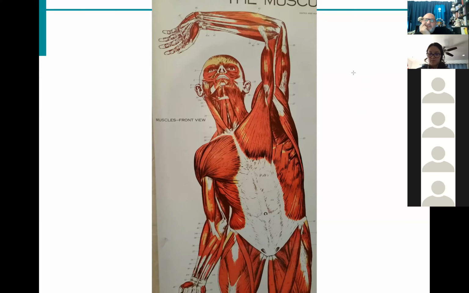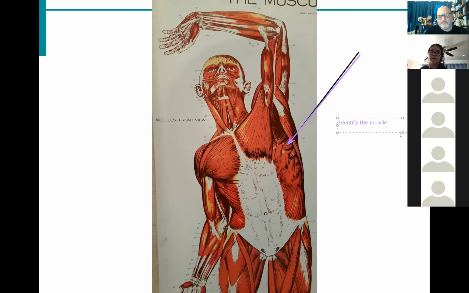So let's do something that we've already done. On the exam, I could have an arrow pointing to this muscle right here. Maybe I'll change the color of it so it stands up a little bit better. With this picture and that arrow, how many questions can I ask you? Four. Yeah, what are they? What's the name of the muscle? Exactly. Identify the muscle.